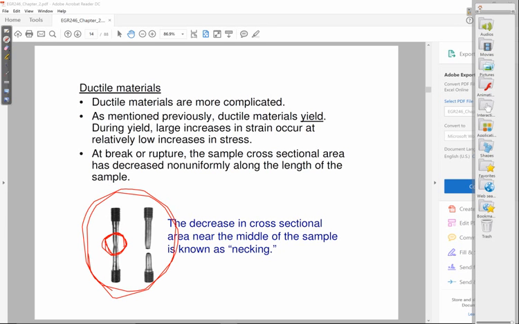And if you look at the cross section of where it breaks, it is much smaller than the original cross section. So when you use the original cross-sectional area to calculate your stresses, it's actually not taking into account the deformation that's happening to the area.